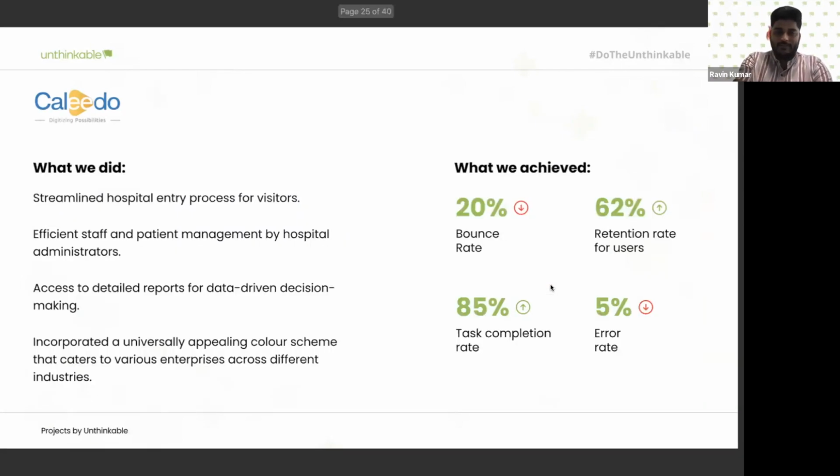So what we exactly did for Calido, and what we have achieved, a few things are mentioned here: streamlined their hospital entry process, like I talked about earlier, efficient staff and patient management, and access to detailed reports that are created through proper data-driven decisions. And we incorporated a universally appealing color scheme, because prior to that they did not have that branding look and feel in their product.